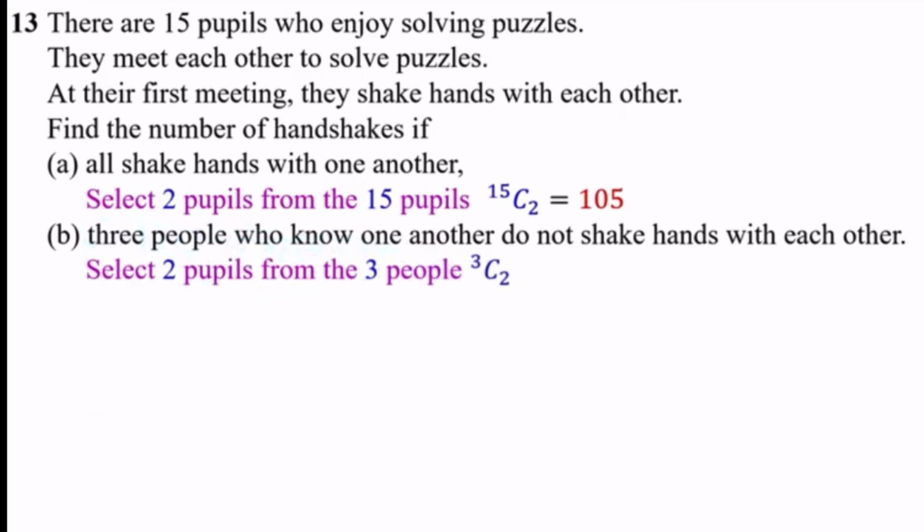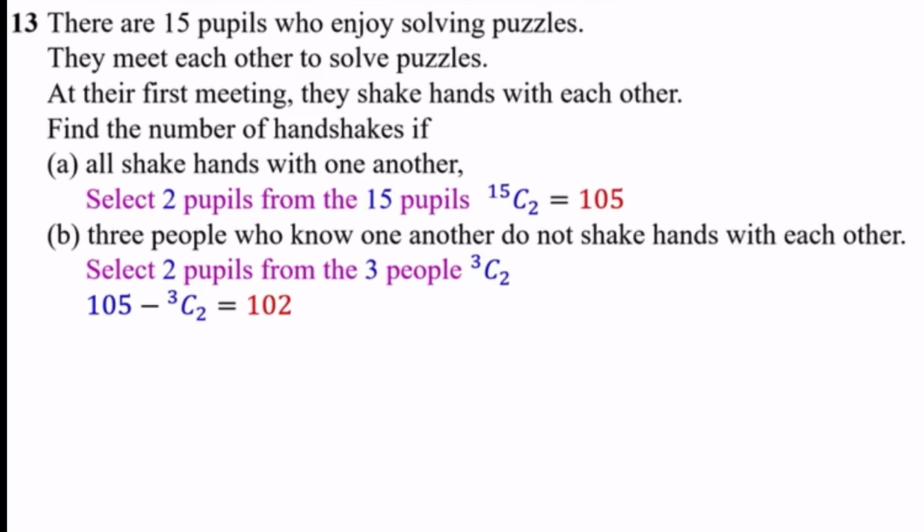So let's see how to proceed. We will take the total, all shake hands with one another, minus out the 3C2. So the answer is 105 minus 3C2. So it is 105 minus 3, which is 102 ways.